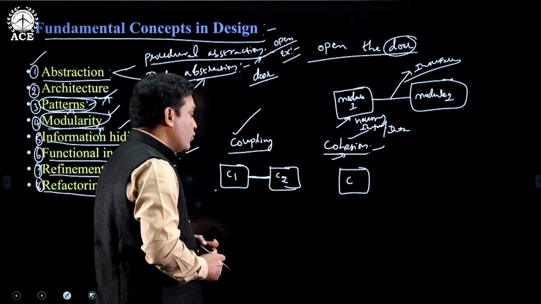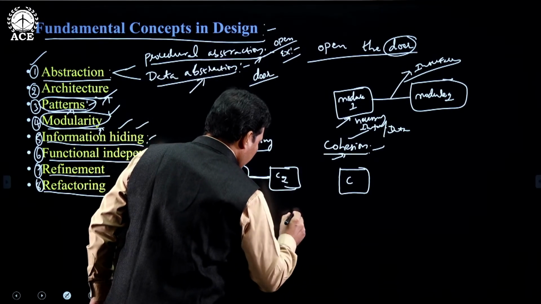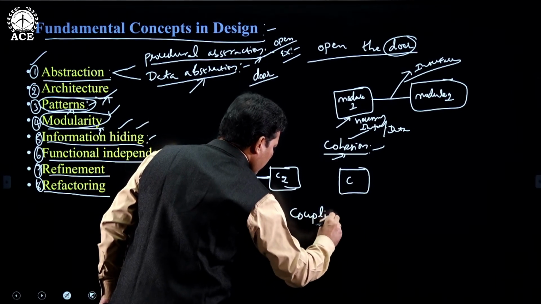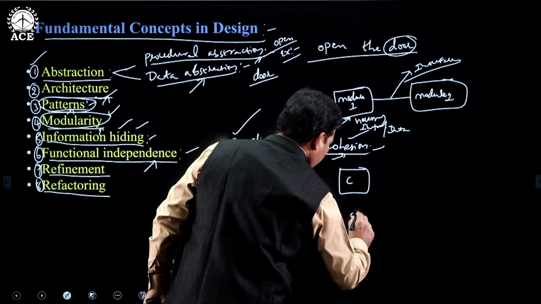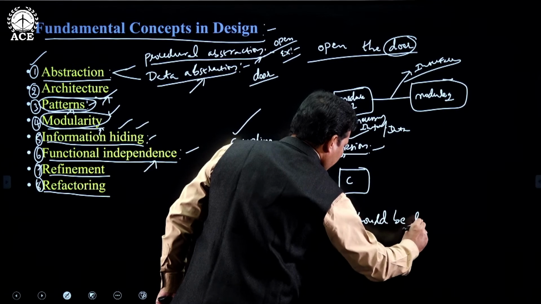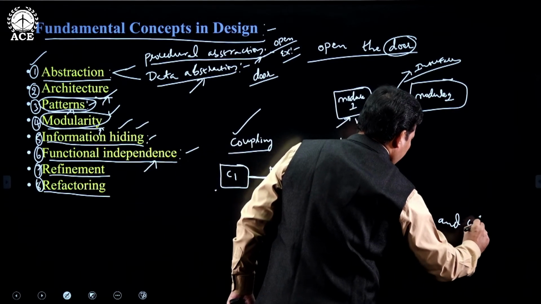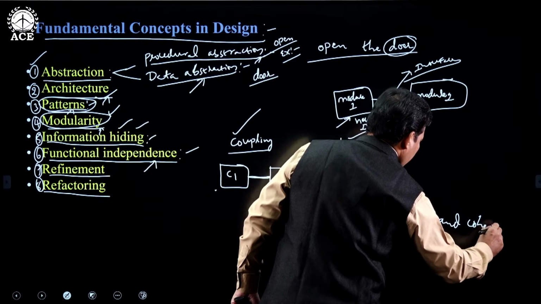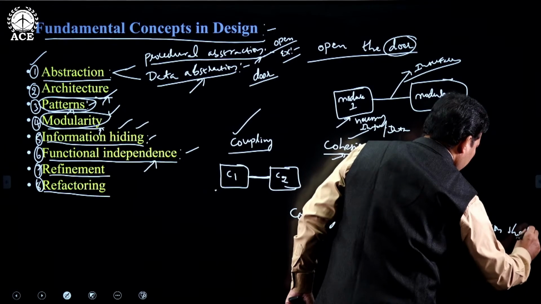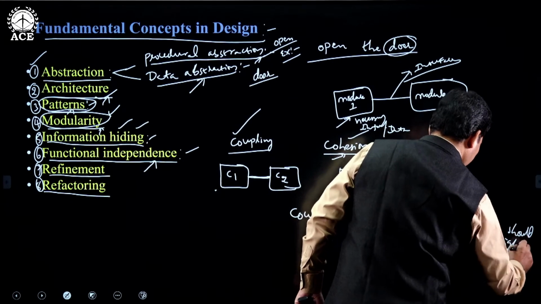As a designer, if you want to design a quality software system, then coupling should be less and cohesion should be high, right?